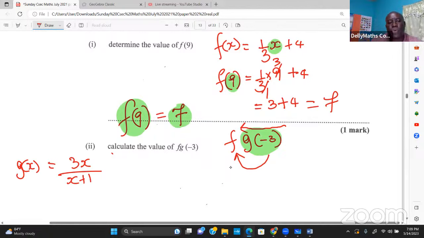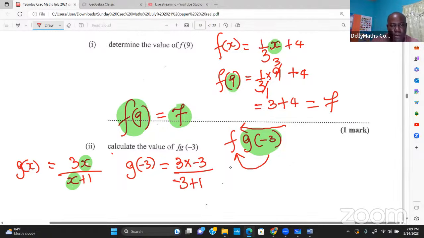Then what I'm going to be doing here is g of -3, which means I will be substituting -3 where the x's are. So it's going to be 3 times x, where x becomes -3, over -3 plus 1.